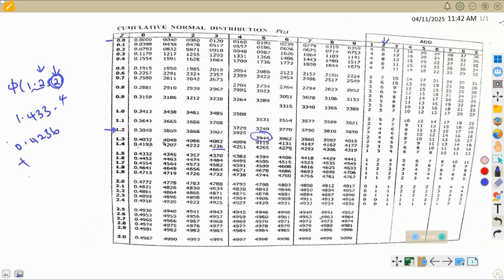We are adding there the 3 in the additional column. 3 in the additional column is 4. So this will be 0.0004. So add that: this is 0, this is 4, this is 2, this is 4, this is 0. So you get 0.4240.